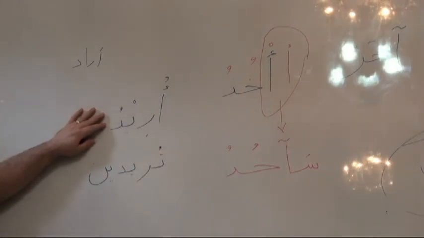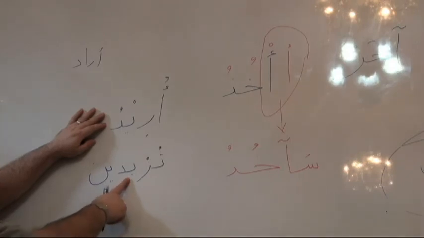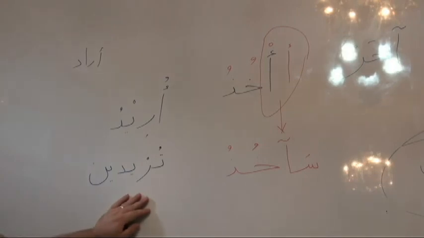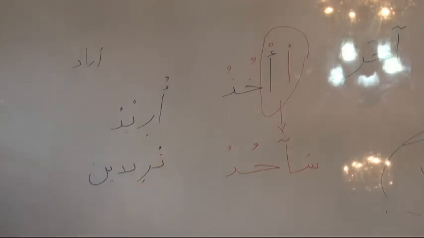The second thing I want to tell you: this letter should have sukun, right? But here we have ya. How do we pronounce sukun and ya? It is not easy to say, so we change it into kasra. Normally, not all the time. Remember this. Normally, when there is ya, the letter before takes kasra.